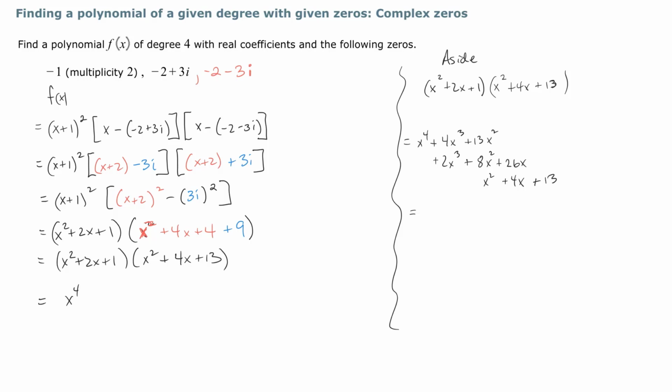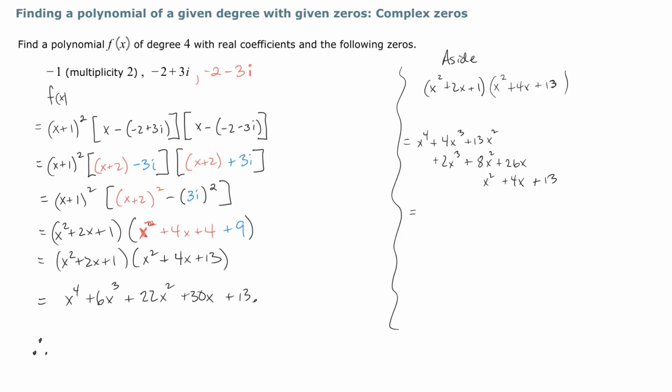X to the 4th plus 6x cubed plus 22x squared plus 30x, and then plus 13.